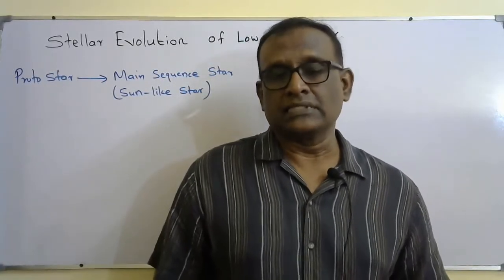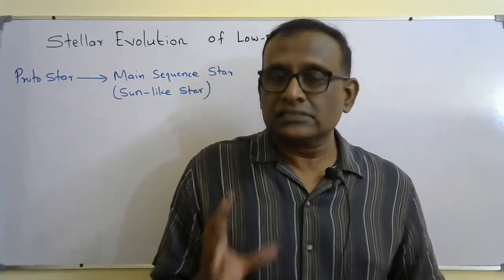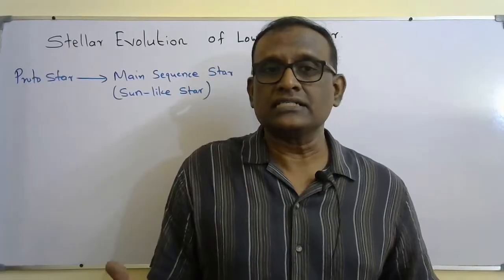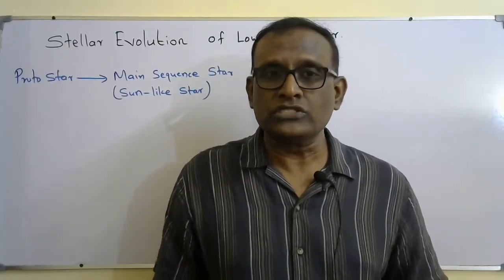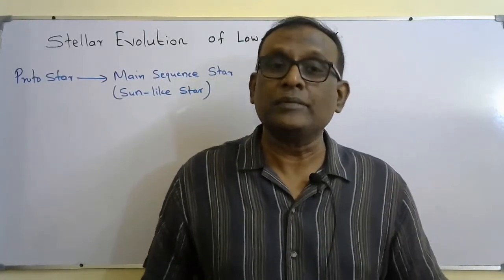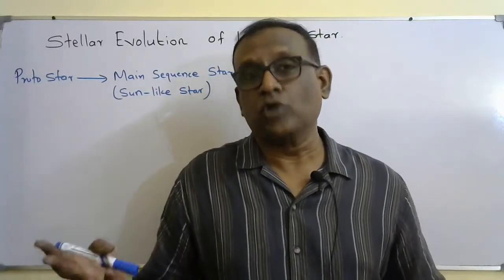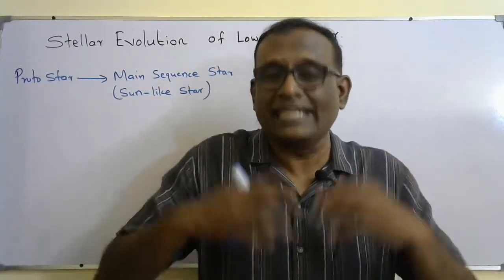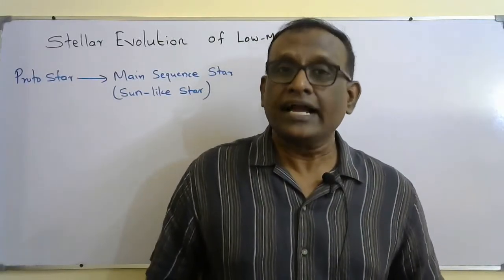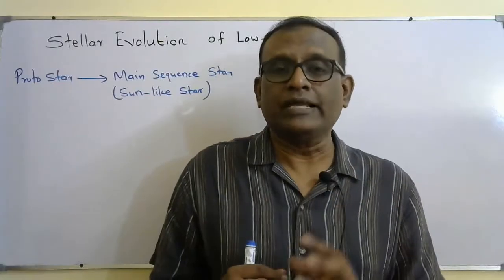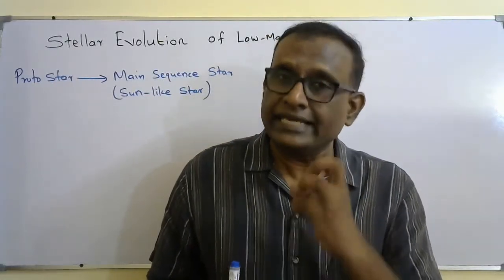Then what happens? When core hydrogen fusion occurs, when the hydrogen is fused, the product will be helium. So gradually the hydrogen in its core will decrease, and when the hydrogen is exhausted, what happens? The core will be mainly occupied by helium.